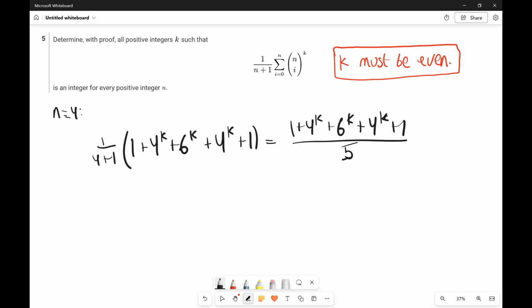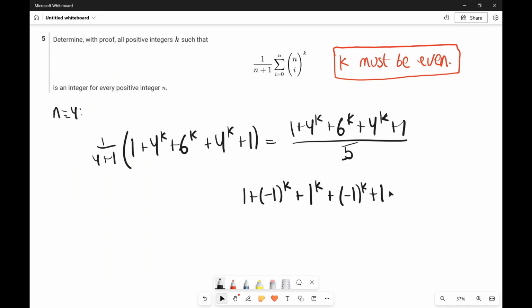And as we did whenever n equals 2, we can try to analyze this using modular arithmetic and reduce these guys modulo 5, and that will make our analysis simpler. Doing so gives us 1 plus (negative 1) to the k plus 1 to the k plus (negative 1) to the k plus 1.